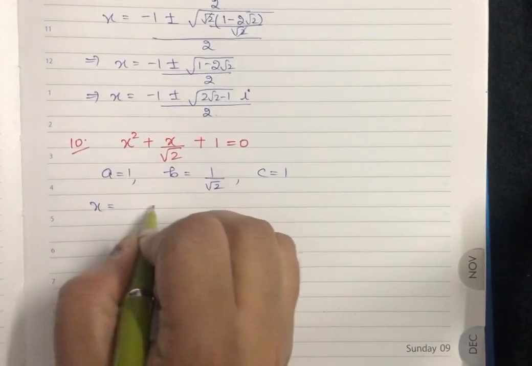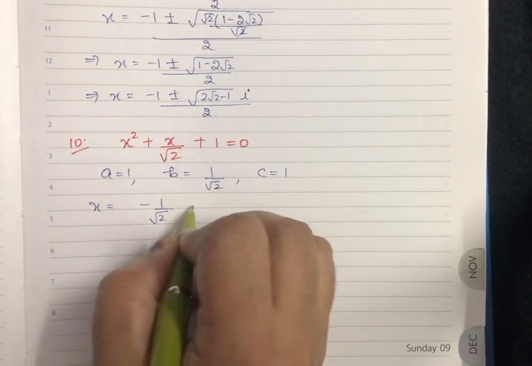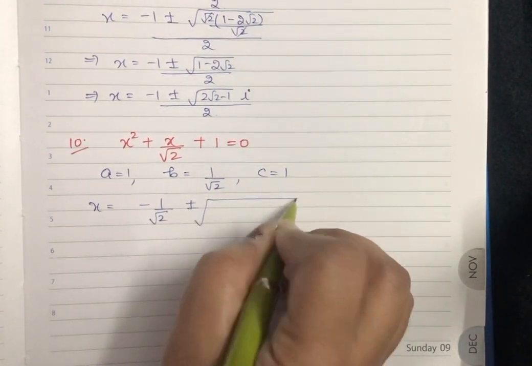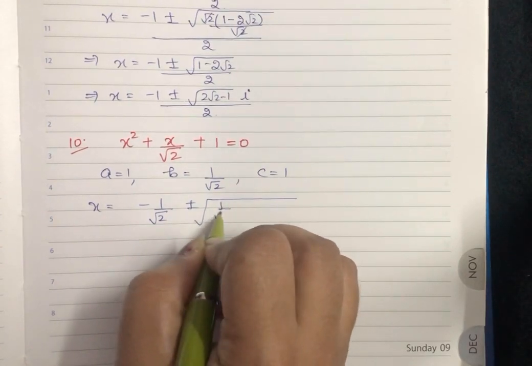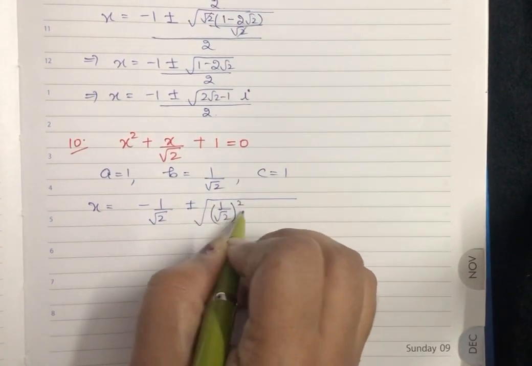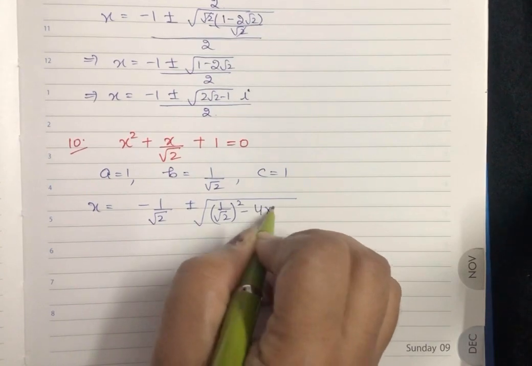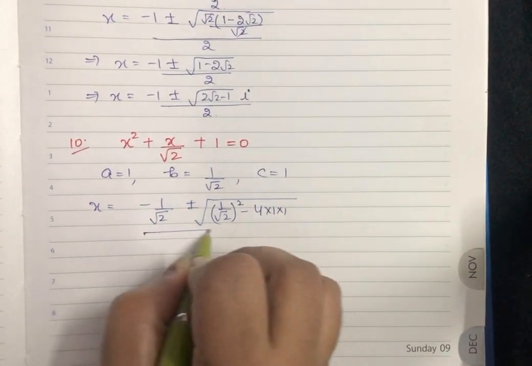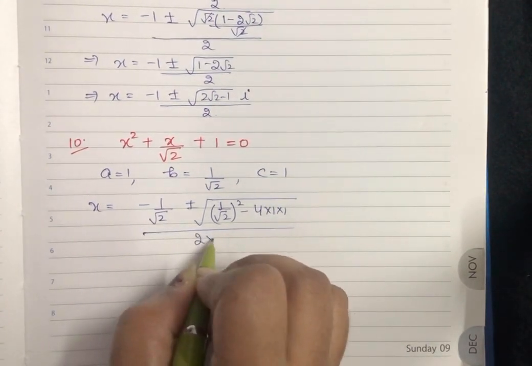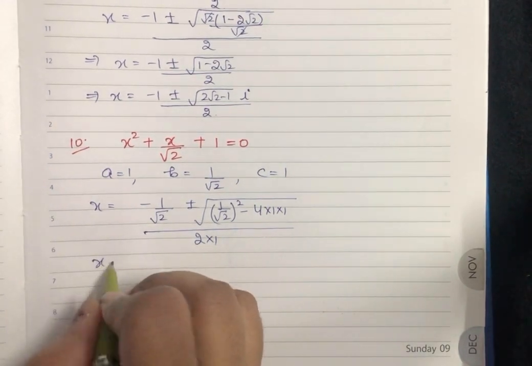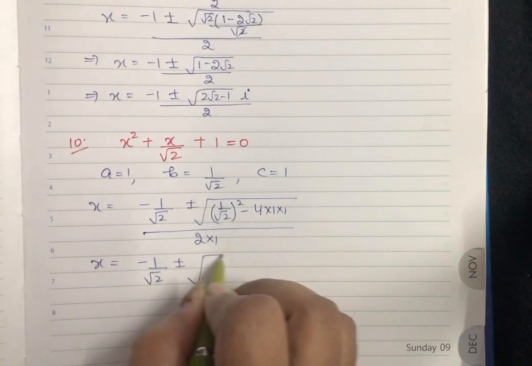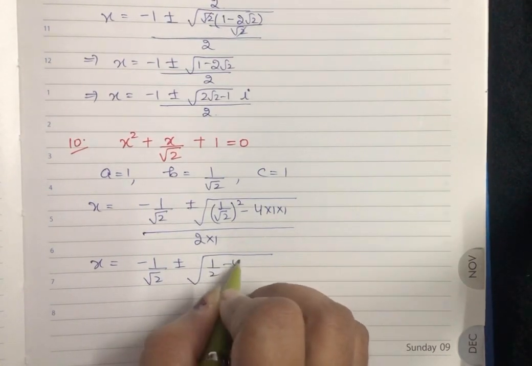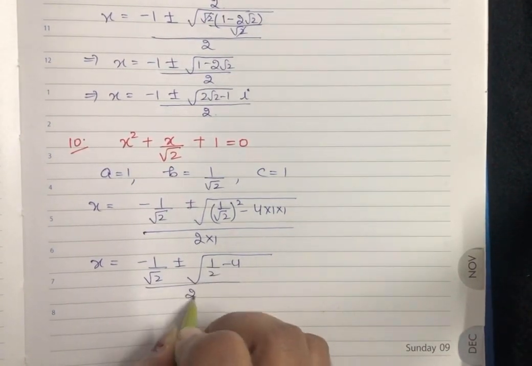So x will be minus b plus minus under root b square, that will be 1 by root 2 whole square minus 4ac upon 2a. So x will become minus 1 by root 2 plus minus under root 1 by 2 minus 4 by 2.